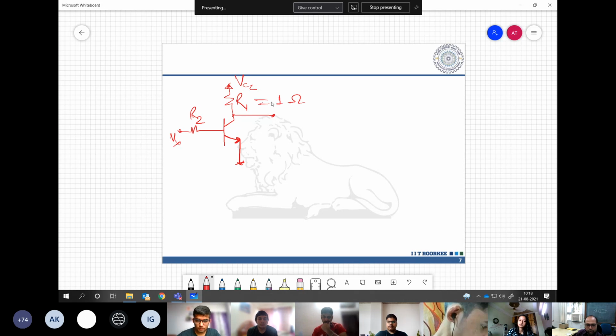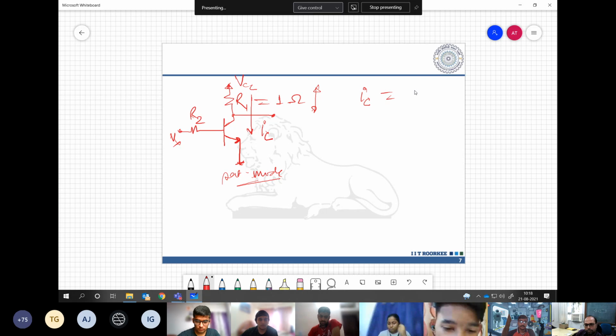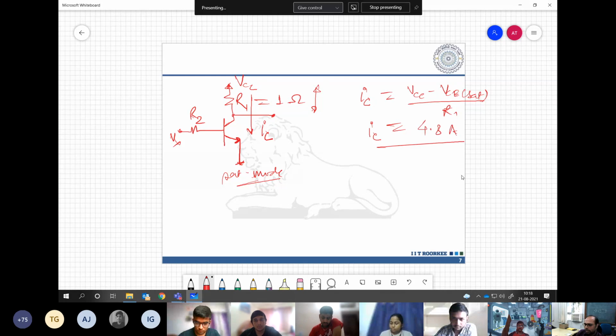Now, what will be the current flowing in the transistor, assuming that this is operating in saturation mode? VCC minus VC sat.